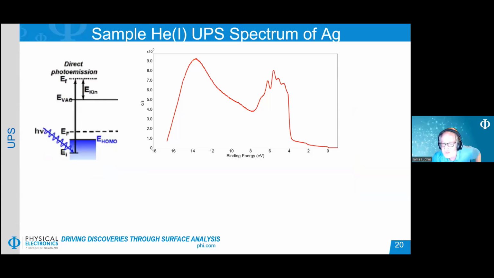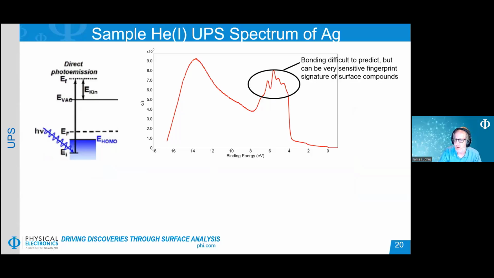All right, this is what a UPS spectrum looks like. This is a UPS spectrum of silver. I just want to point out a couple of things. In this region, near the valence band, you will often have a variety of features from the valence band. These are difficult to predict unless you do electronic structure calculations.